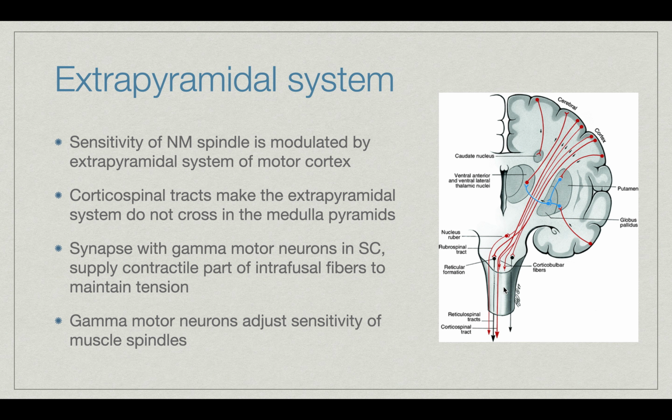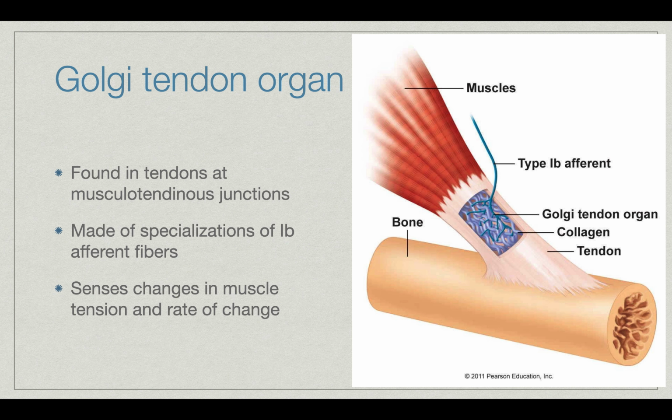And they synapse with the gamma motor neurons in the spinal cord, and they supply the contractile parts of the intrafusal fibers to maintain tension. The gamma motor neurons will adjust the sensitivity of the muscle spindles, so it all plays a role in maintaining tone.